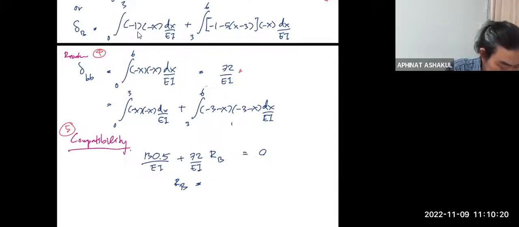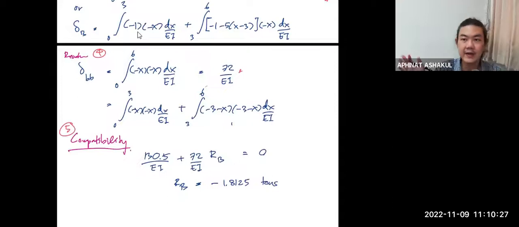minus 1.8125 tons, because now the direction of the reaction is opposite to the direction of the unit load that I applied. If I apply the unit load upward, I will get this deformation with a different sign convention, because now we have a downward moment with the upward load.